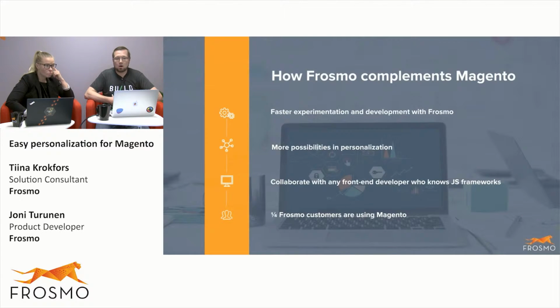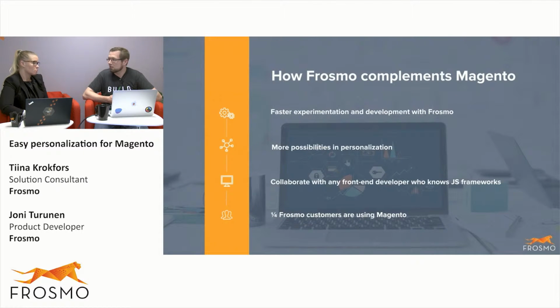So then how Frosmo and Magento work together. We think there are nice complementary features here. You can have faster experimentation and development with Frosmo. Before you start developing all the features in Magento, you can actually experiment with Frosmo on top of your website.